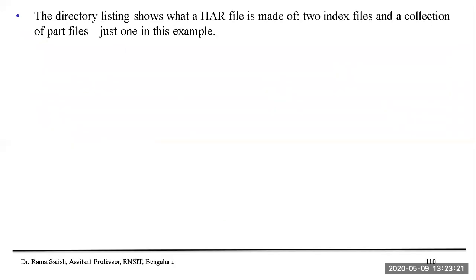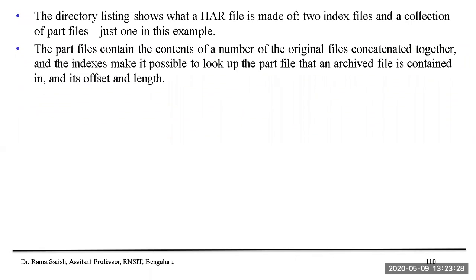And of course, if you want to see what is there in those two index files, the part files contain the contents of the original files concatenated together, and the indexes make it possible to look up the part file that an archive file is contained in, and its offset and length. So first file, what is the name, what is the length, from byte number 1 to byte number 100.